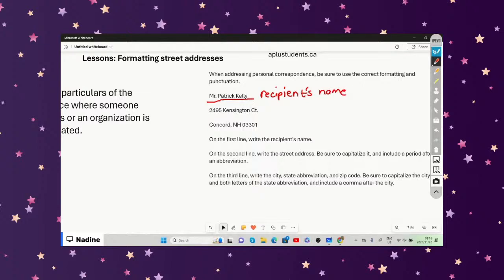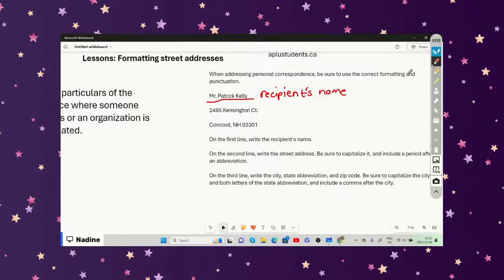That is the person who you are addressing the letter to, the person you're in communication with, the person who needs to receive the letter. So we are writing it to that specific person. On the first line, we need to write that recipient's name, and that is Mr. Patrick Kelly, for example.